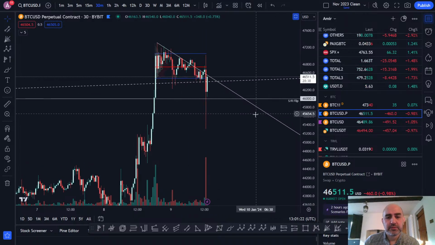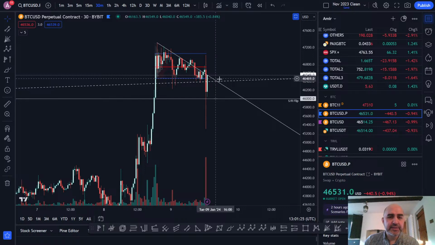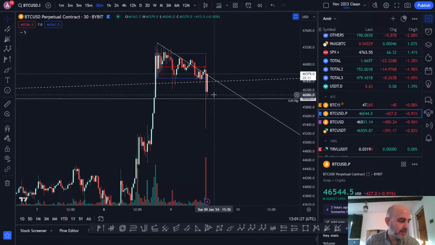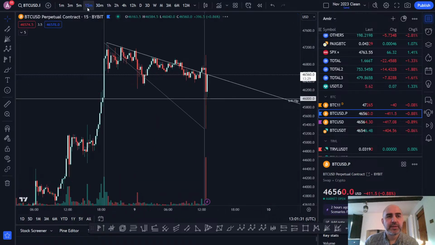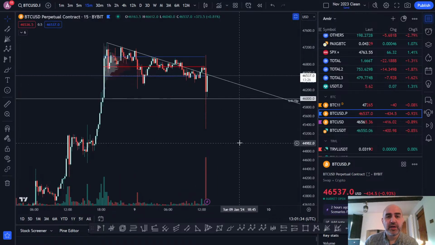Yeah. These longs are going to take profit, huh? It's getting really, really volatile. It's really hard to trade this.